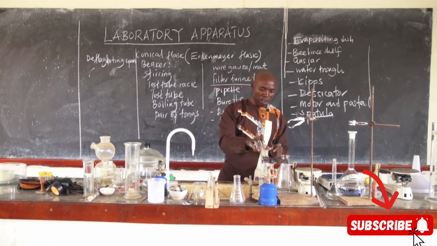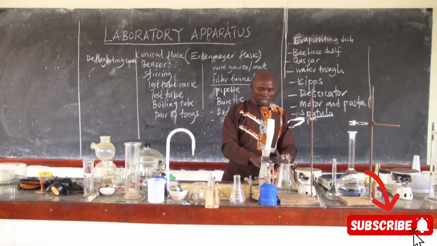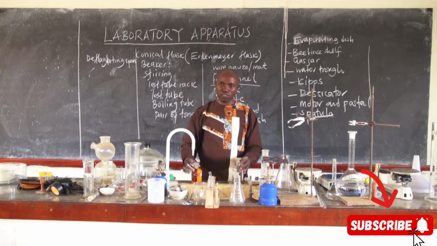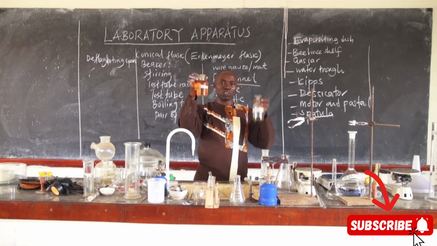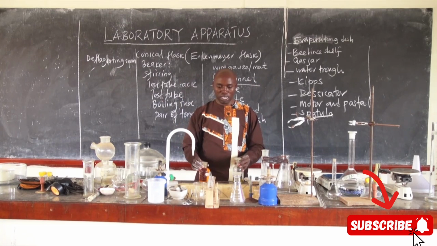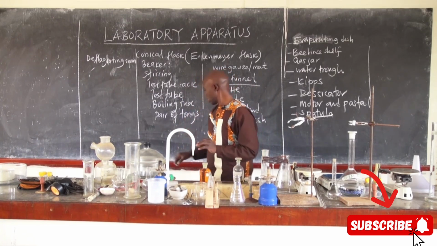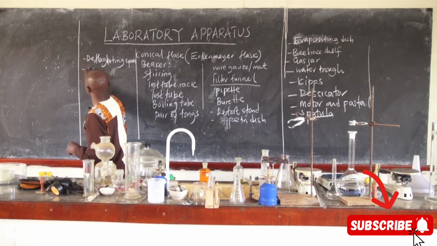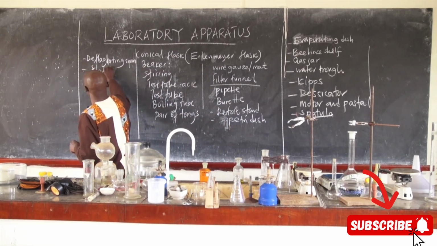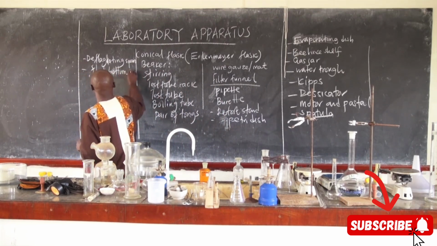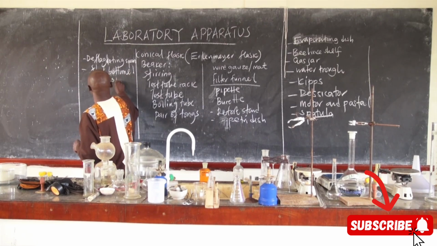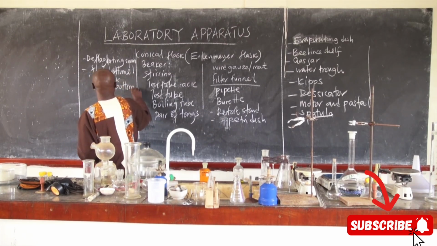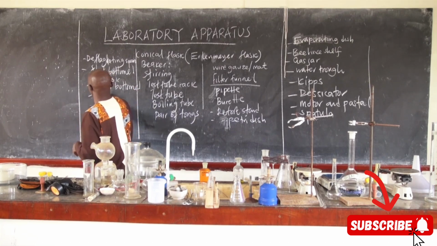I also have these bottles that are containing chemicals. I intended to leave their chemicals for you to know that they contain chemicals. They are called the reagent bottles. So we have reagent bottles, flat bottomed flask, then round bottomed flask, and reagent bottles.